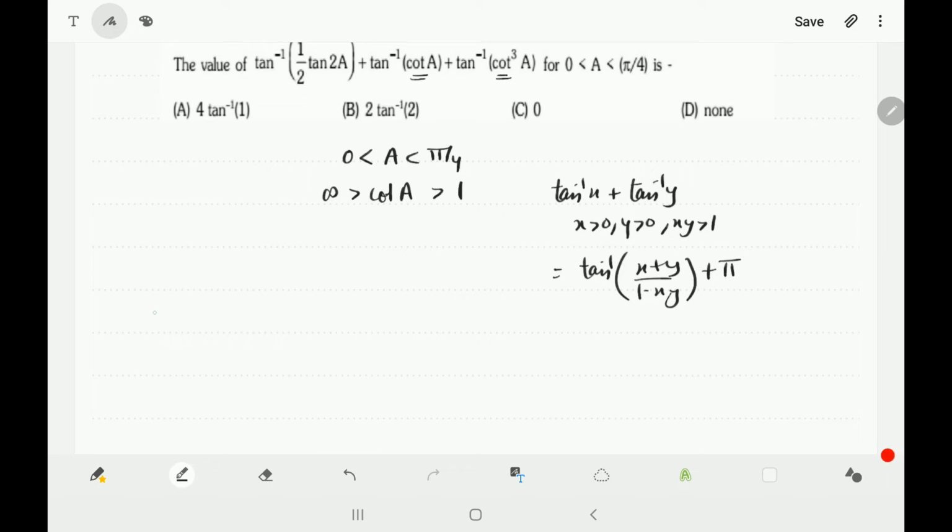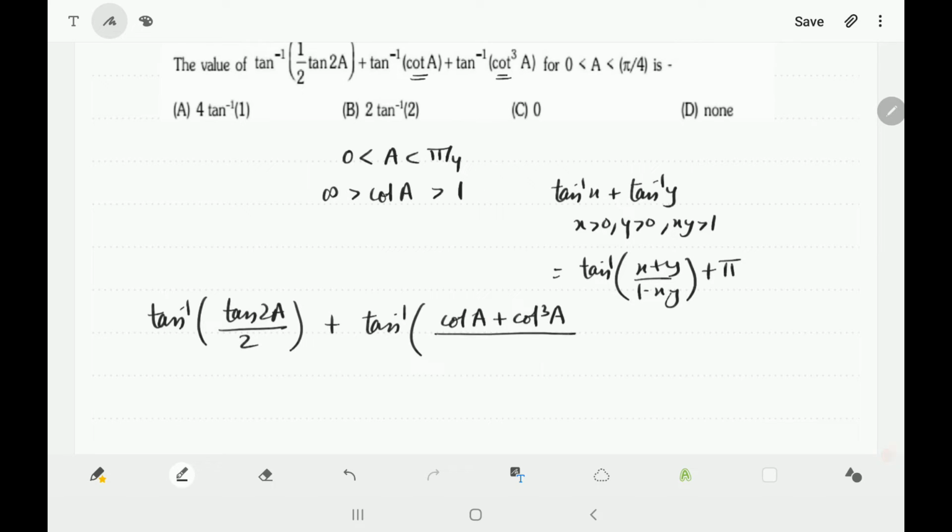Okay, so I'll write this term as tan inverse of tan 2a divided by 2 plus, for these two terms, cot a plus cot cube a, tan inverse x plus tan inverse y, so x plus y divided by 1 minus xy, so it will be cot a into cot cube a. Is this clear? Plus you have to add pi also.